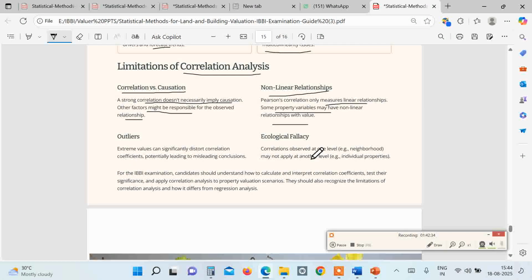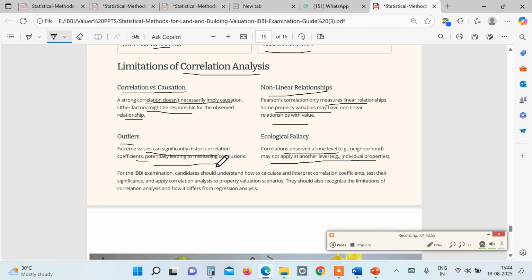Ecological fallacy: correlation observed at one level, that is neighborhood, may not apply at another level, individual property. And outliers: extreme values can significantly distort correlation coefficients, potentially leading to misleading conclusions.